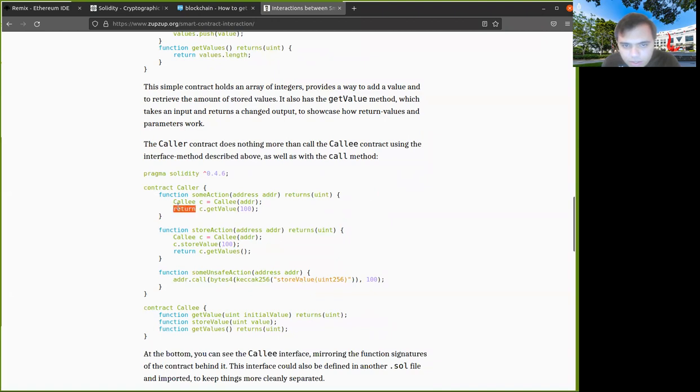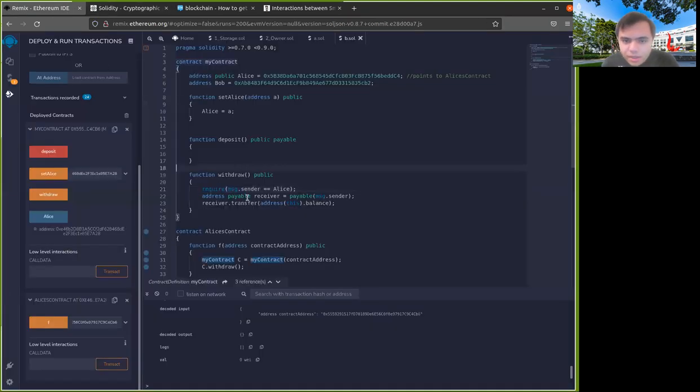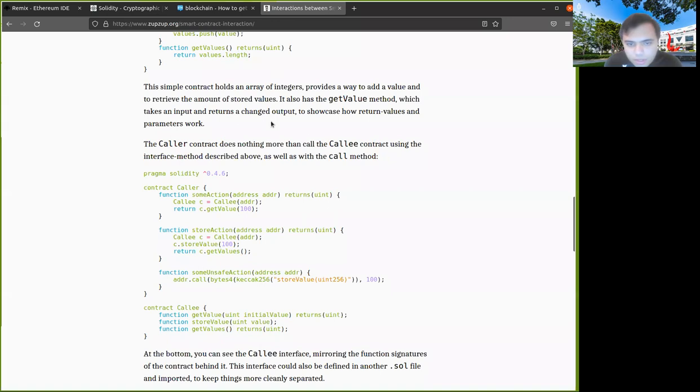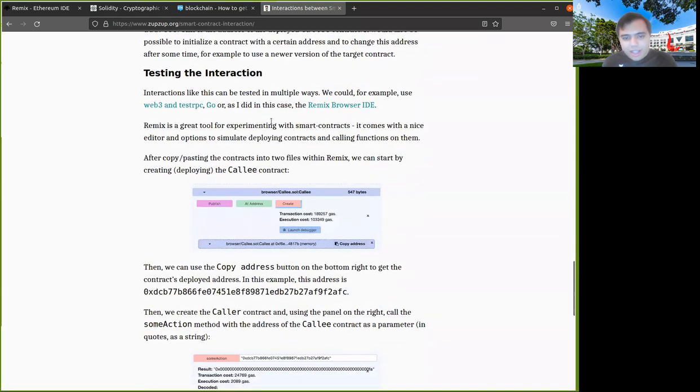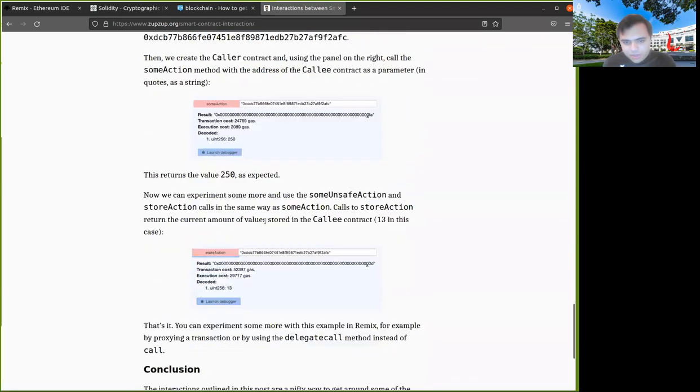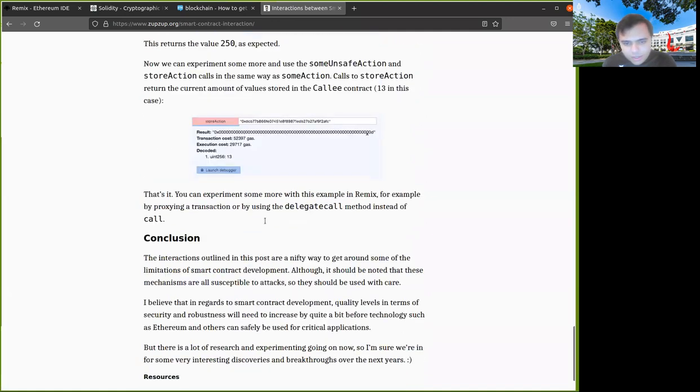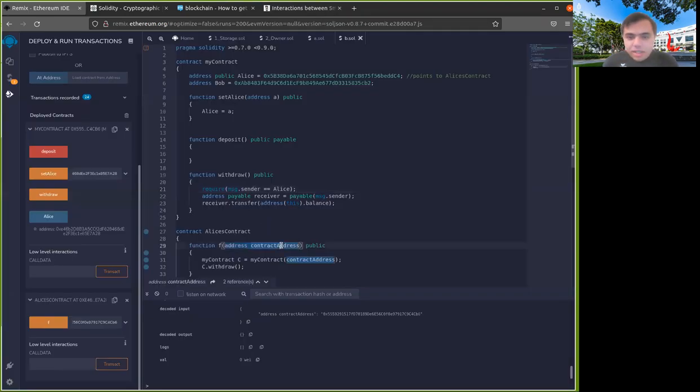Store value. Okay, this doesn't seem to be a problem here. I don't think I need to use new. Okay, anyway, sorry about this because I haven't really coded with the new versions of Solidity and this is looking unexpected to me, but I'll fix this later on.